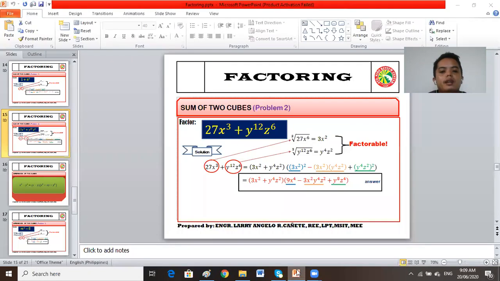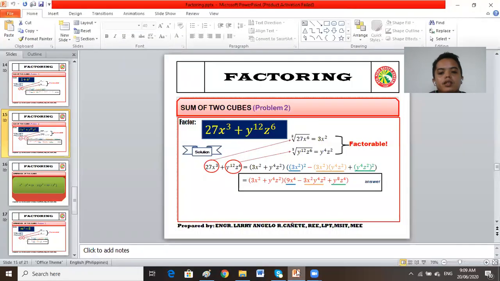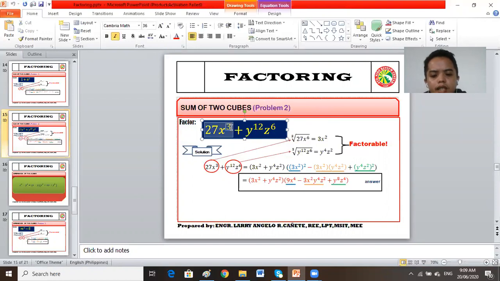So let's check. So 27, 9. By the way, x^6, yeah, this is not cube. That is x^6. So, correction, this is x^6.